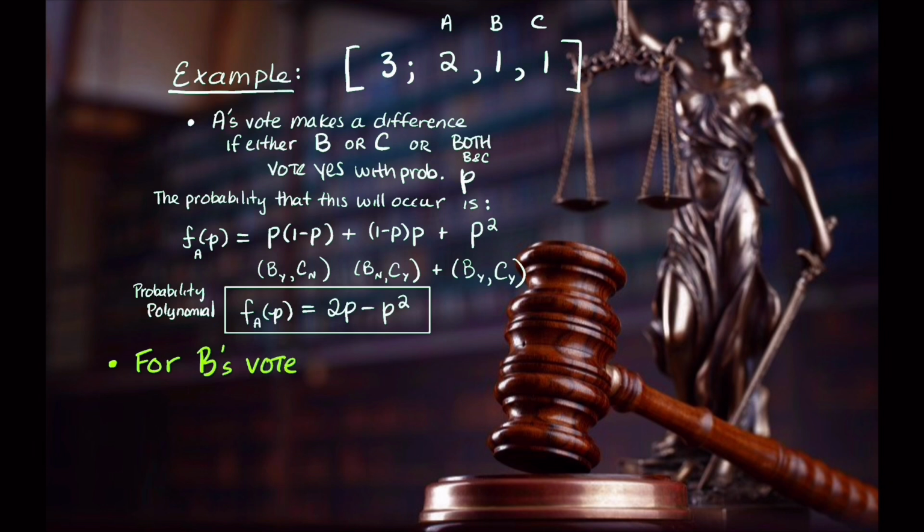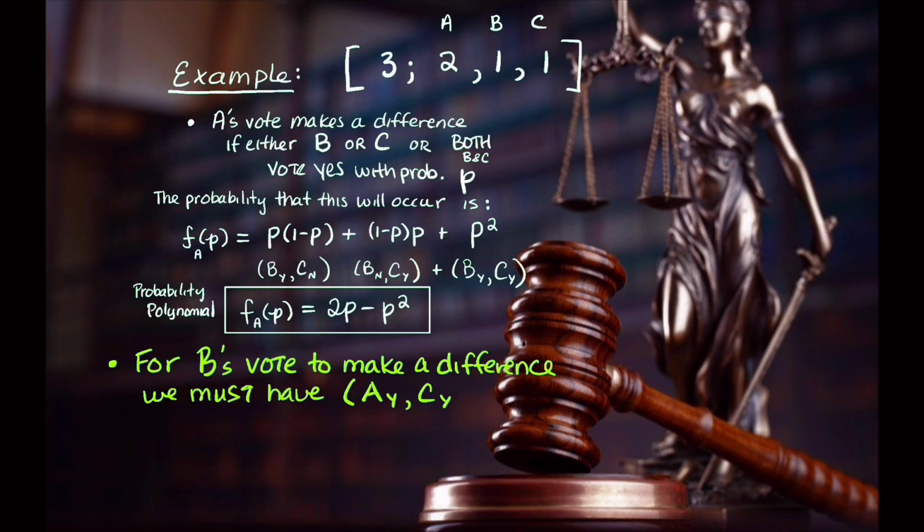So now let's examine the case for voter B. In order for voter B's vote to make a difference, what needs to happen? Well, we definitely need A to say yes, and C could say yes.